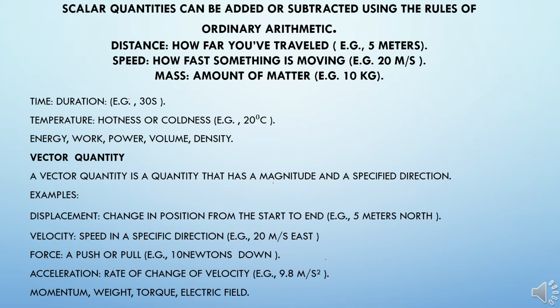An example is the car is moving with a velocity of 20 meters per second to the east. Let's take notice. I made mention of 20 meters per second, and I also made mention of a direction, east.